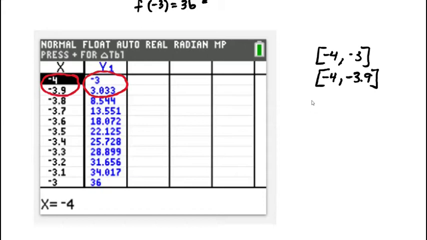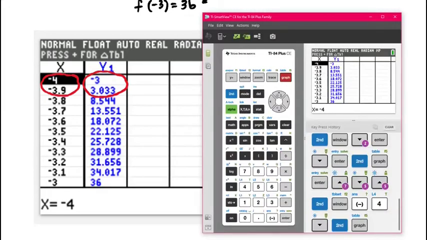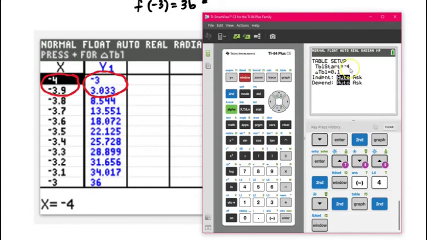So I want to narrow it down even more, and so what I'm going to do is change my table set once again. So if I adjust my table set, I still want the table to start at negative 0.4, but now I want my change in values to be even smaller.